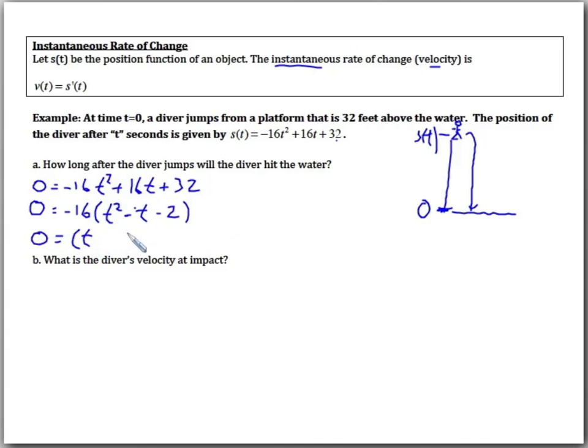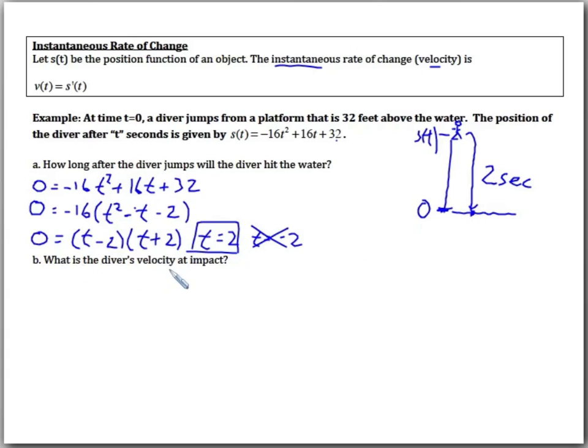Now we want to factor t squared minus t minus 2. So we have t minus 2, t plus 1. And this would give me the solutions t equals 2 or t equals negative 1. And we don't deal in negative time, so at time equals 2, okay, so it takes him 2 seconds to get down to the bottom.